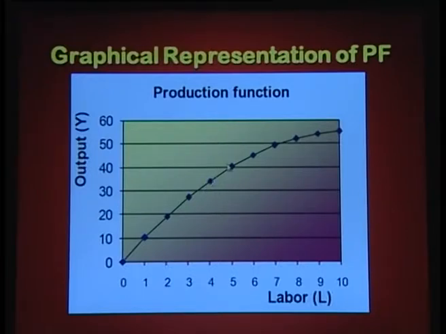After this point it is changing at a decreasing rate, and then at the top the total product is maximum. After this point, if we still keep on increasing labor, then the total output will decline. So this entire production function is showing how, by hiring various units of labor, total output is changing.